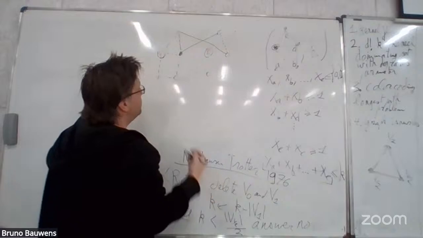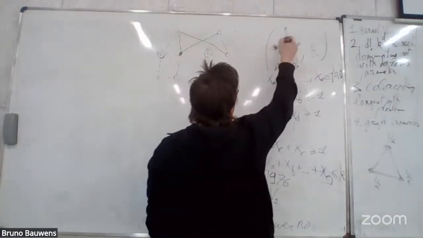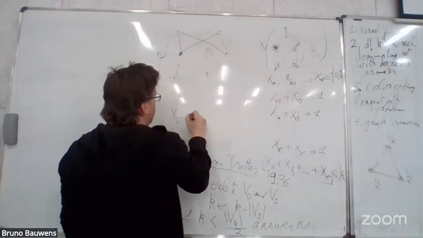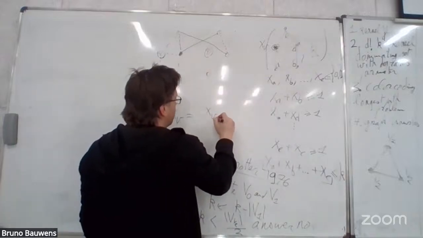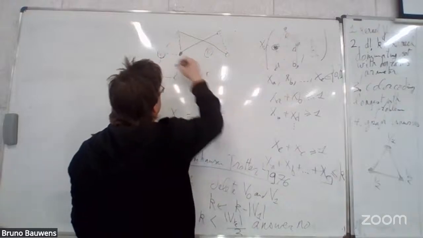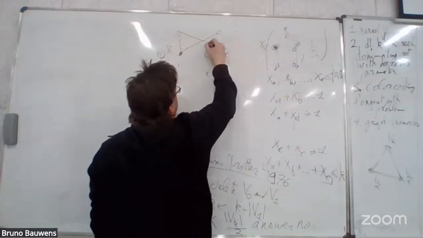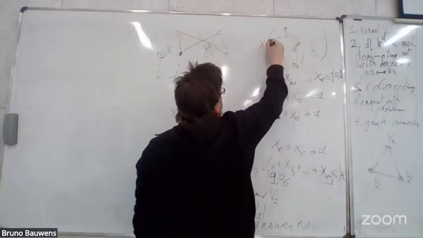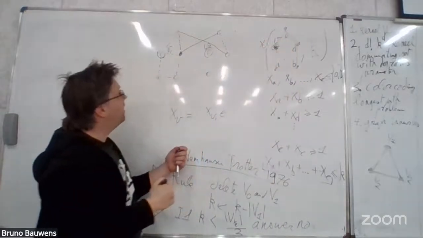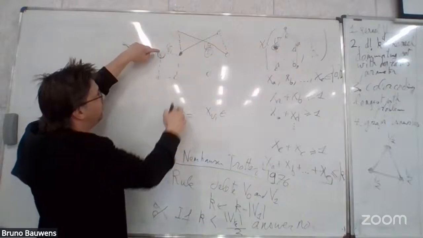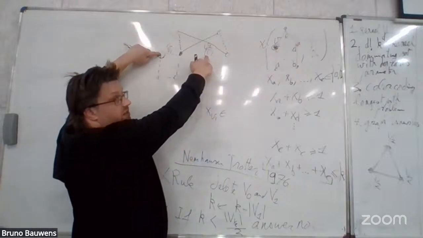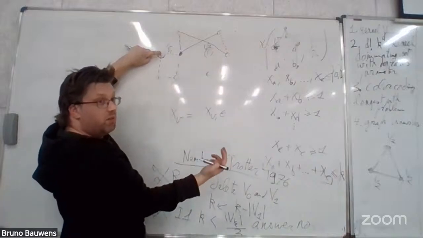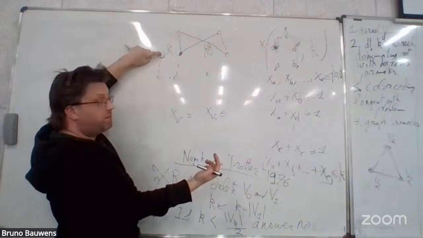And so the value that we assign to this node, xv, will be equal to: if this is v1 and v2, and here is our node v, it will be 1 if both of the copies are in the vertex cover, 0 if neither, and 1/2 if exactly one of them is in the vertex cover.